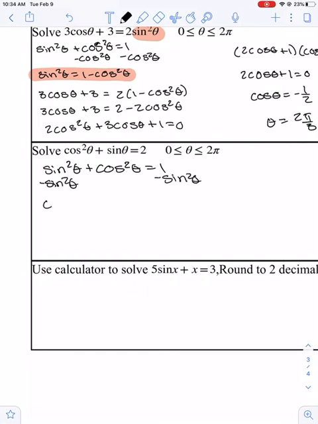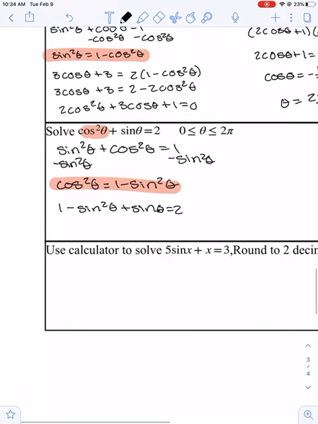Subtract sine squared theta from both sides. And I get cosine squared theta equals 1 minus sine squared theta. Again, I'm going to plug this in for here, so I'm all in terms of sine. So 1 minus sine squared theta plus sine theta equals 2.